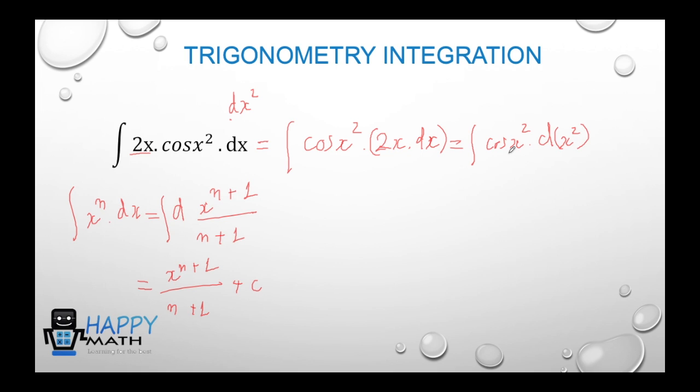Okay, so the main function of the cos x equals exactly the variable of the derivative function, and after that we get the main function after integrating, which is sine of x squared, plus c at the end of the integrating operation. Okay, very easy.